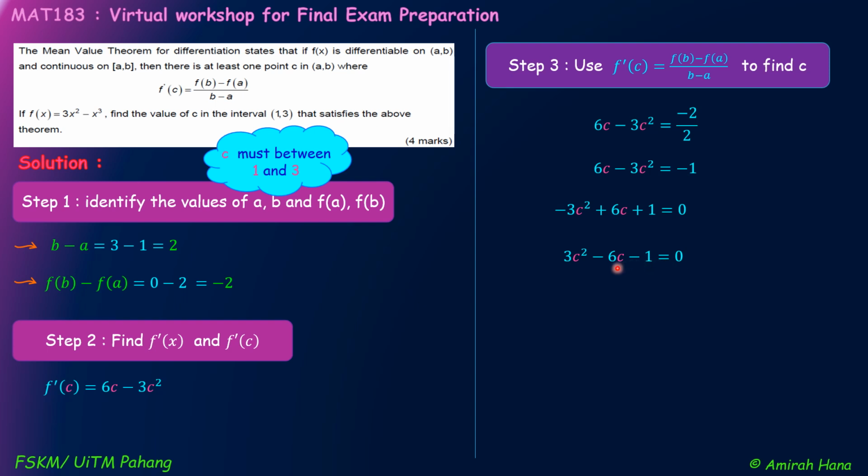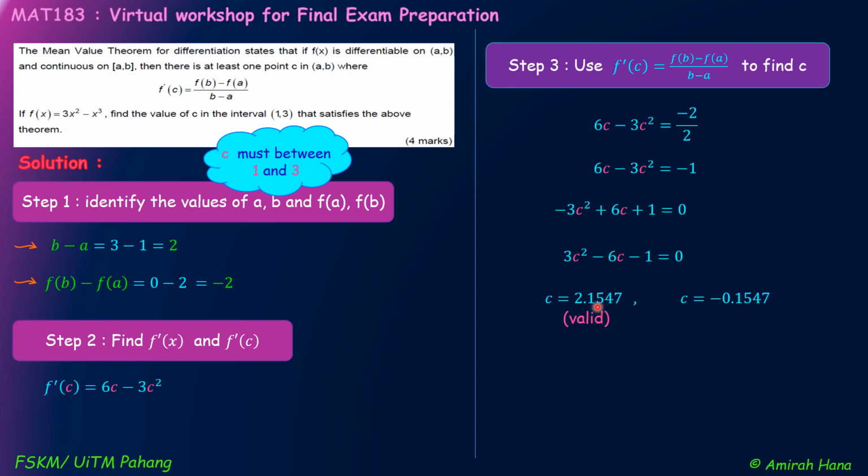This is a quadratic equation, and to solve a quadratic equation, if we cannot factorize, we can use a calculator. From the calculator, after we solve this equation, we get c equals 2.1547 and c equals negative 0.1547.